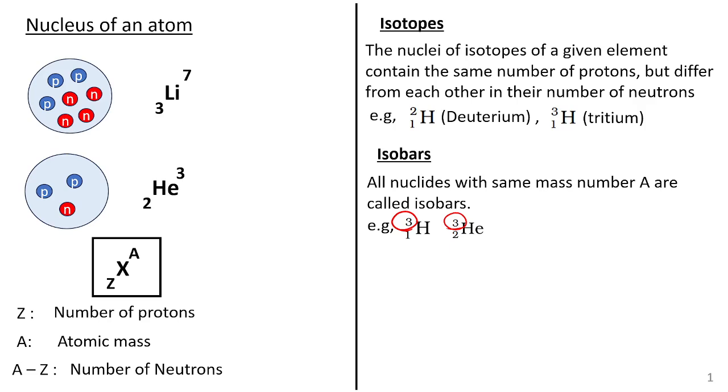The upper number is also called atomic mass. So isotope and isobar, memorize like that. If only the lower numbers are equal, isotope. If only the upper numbers are equal, isobar. Okay? Clear?